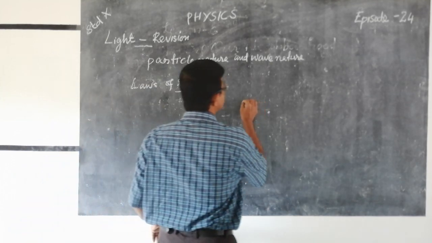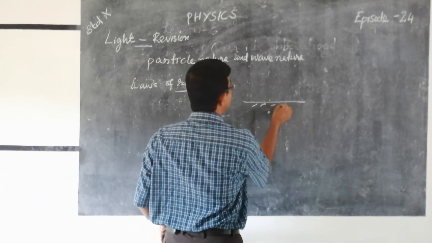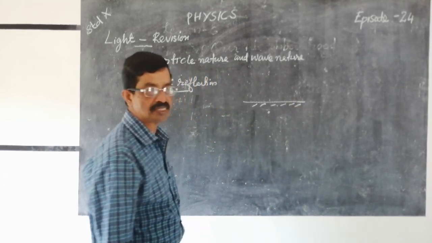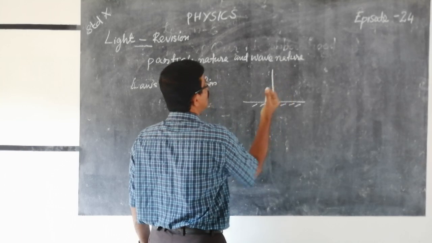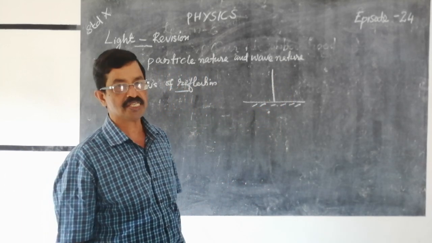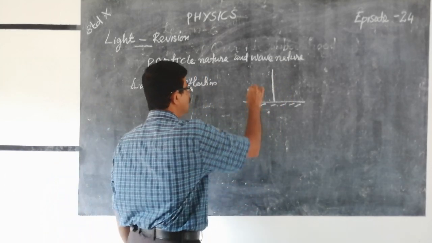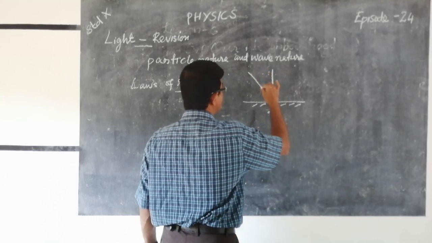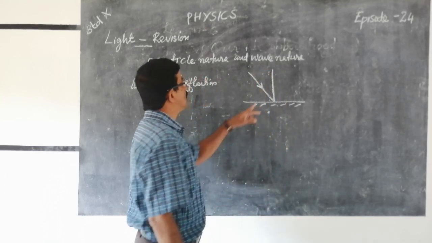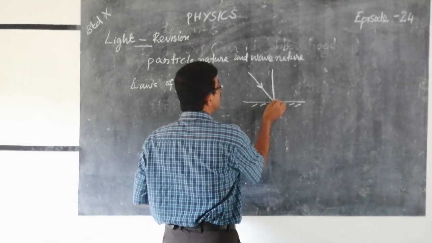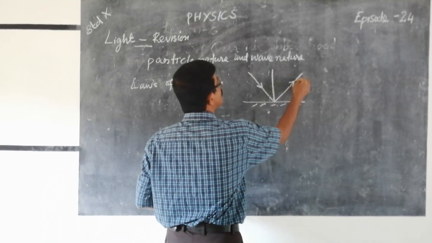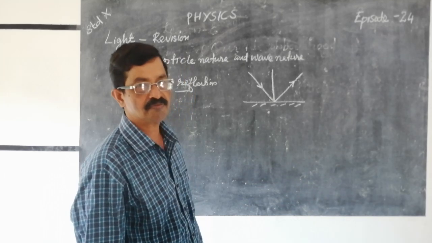Suppose there is a smooth and plain surface, and this one is the normal drawn to this plain surface. If a light ray is incident, this is the incident ray, and this light is reflected back, and this one is the reflected ray.